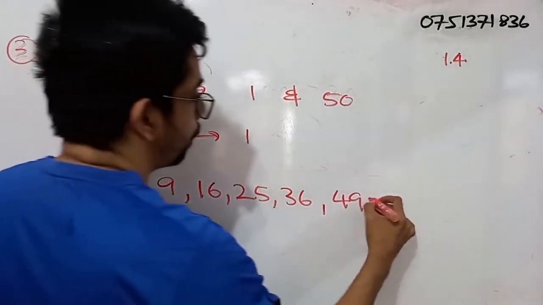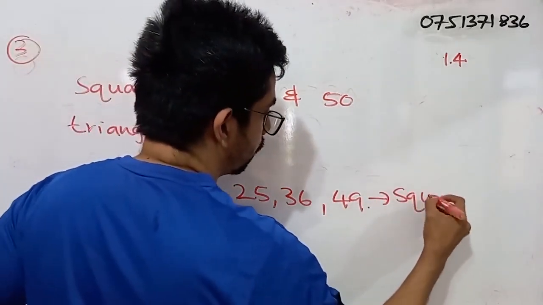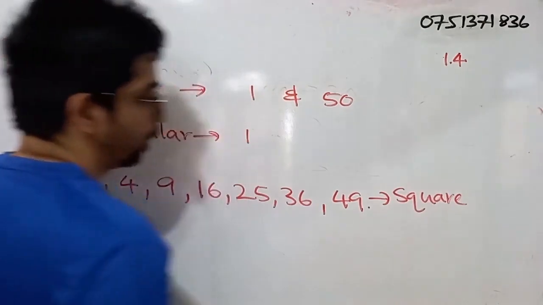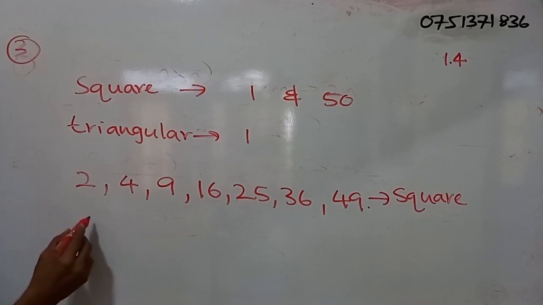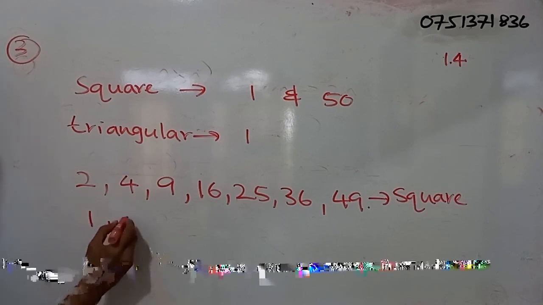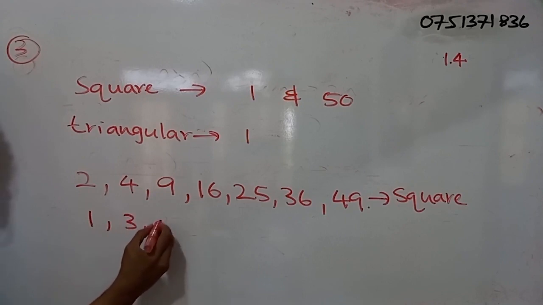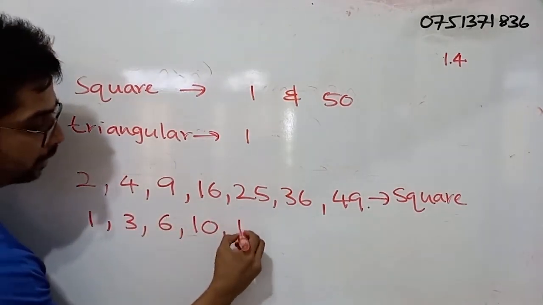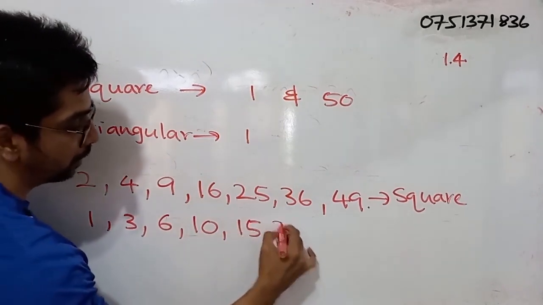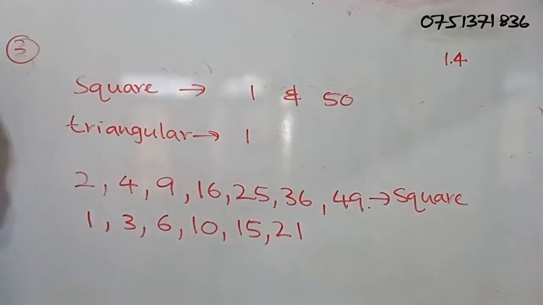So these are the square numbers. I'm just going to write the square numbers. Then the triangular numbers. Let's write them. We have 1, then 3, then 6, then 10, then 15, then 21.